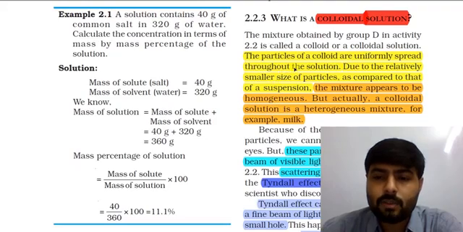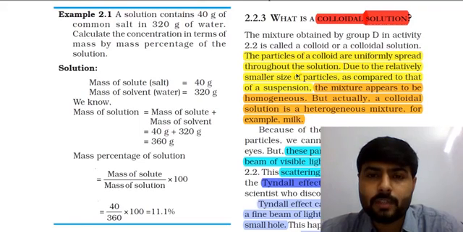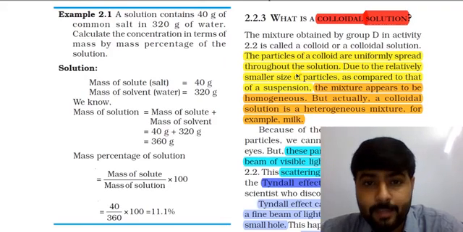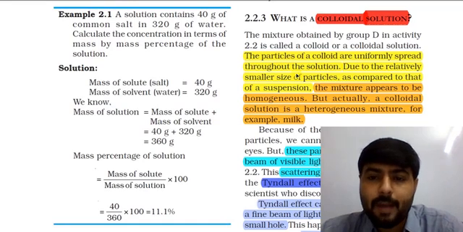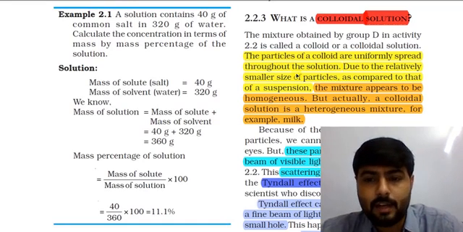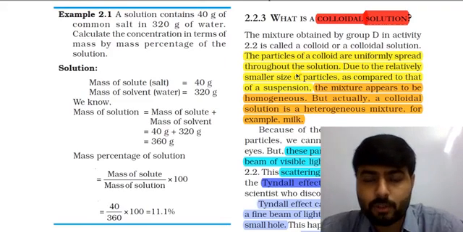The particles of colloid are uniformly spread throughout the solution. As we have seen in solution, there are solute particles in solvent. Similarly, in colloidal solution, we have colloid particles uniformly spread throughout the solution.